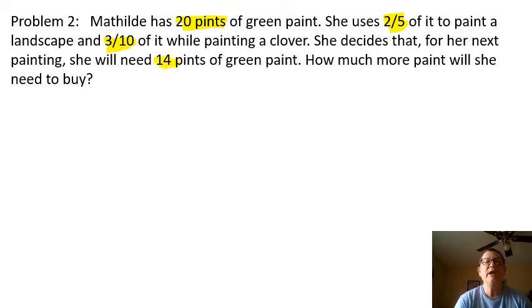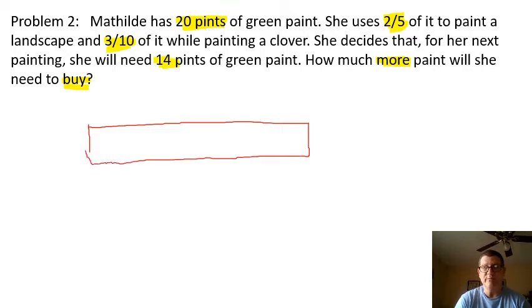How much more paint does she need to buy? So I've got to find out first how much she used of the original. So let's start with a tape diagram, and let's figure out first what was used of the original 20 pints. So here's 20 pints.